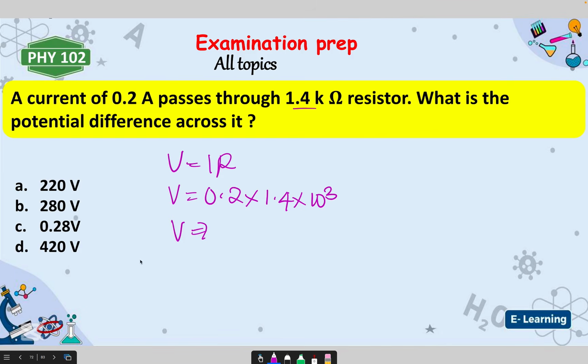So when you do this in your calculator, 0.2 times 1.4 times 10 to the power of 3 should give 280 volts. Is that okay? So that is the answer to that question.